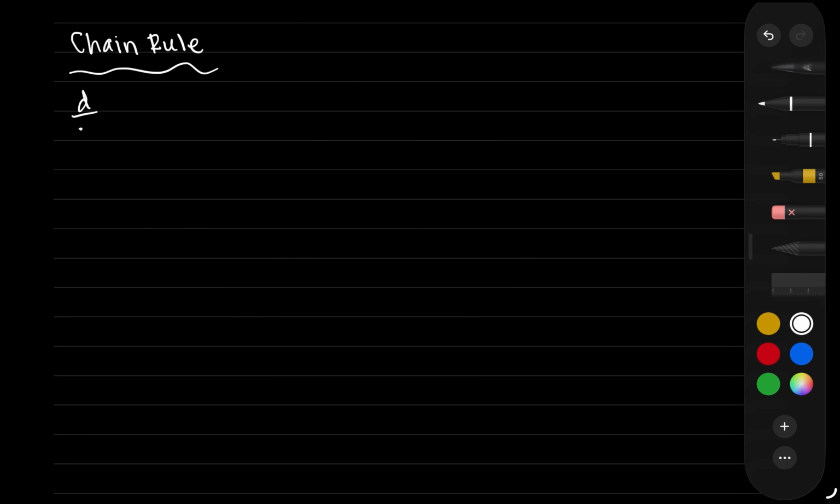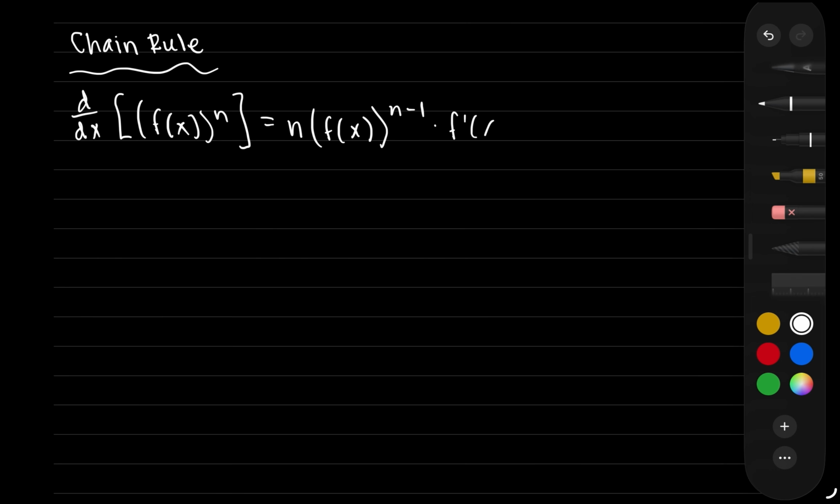So, formal definition is d dx of f of x to the n, and we'll talk about what that looks like in a minute, equals n times f of x to the n minus 1 times f prime of x. Okay, so this is kind of a variation on the power rule. If you notice, this part is the same as the power rule. We just have this little chain link added on here.